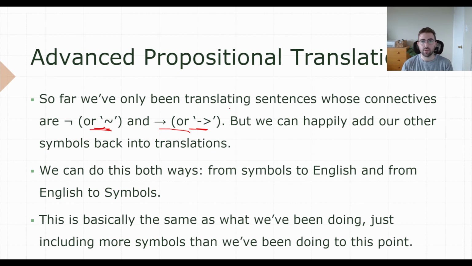It's advanced in the sense that you're adding in more symbols, but really it's not any harder than what we've been doing. And we can do this both ways, when we're translating from symbols to English and also from English to symbols. Again, it's going to be basically the same as what we've been doing with our translations. We're just going to include more symbols, and you'll see even the steps that we follow are basically the same.